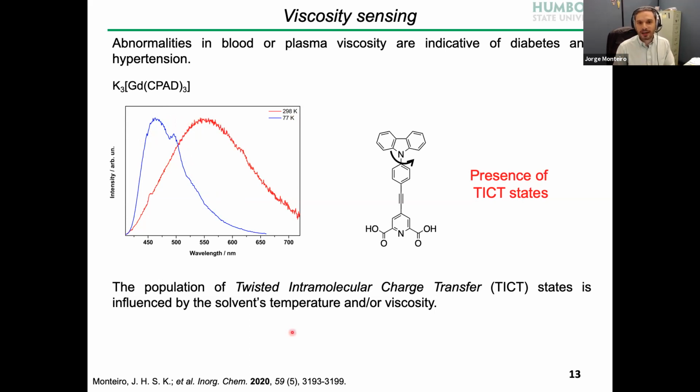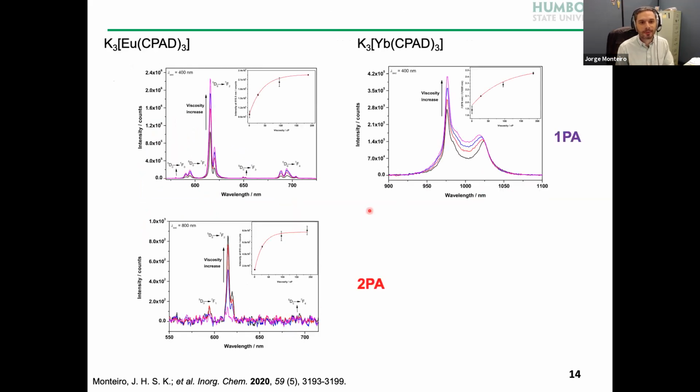And then the next question is, okay, is it capable of probing or sensing viscosity? So then you need to test that. So here, the range of viscosities is not that broad, but we can see here that there is a response of the emission as a function of the viscosity, okay?